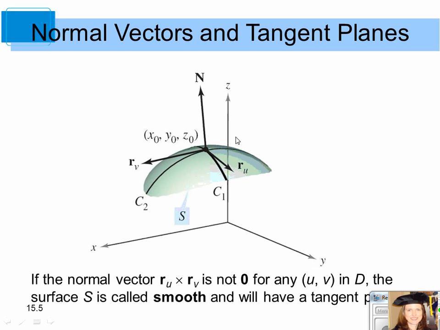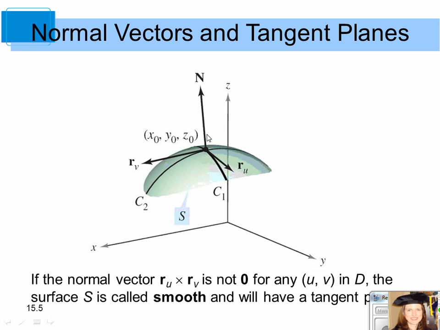And this is what I mean. You have a surface and you calculate the partial derivatives with respect to u and v of some parametric surface. What you've done is you've found these tangent vectors. These two vectors are tangent to the surface, and this vector n is orthogonal to the surface.